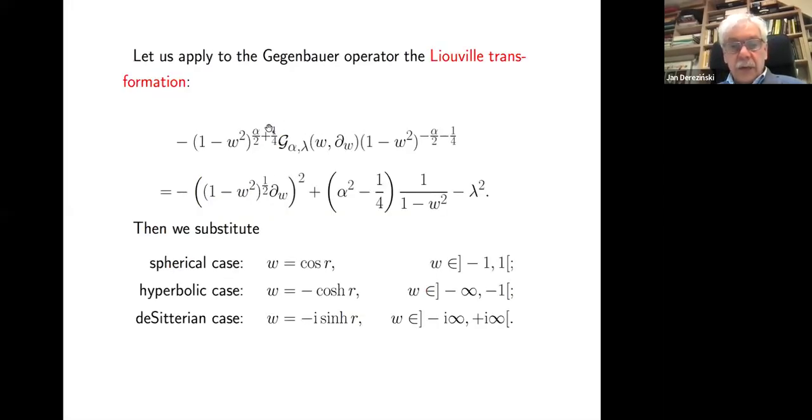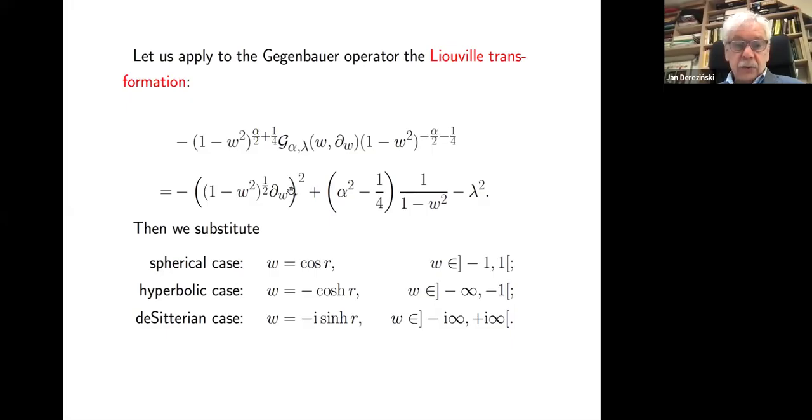So you can put some weights on both sides of the Gegenbauer operator. And if you do it in a clever way, you can write it as the square of the derivative multiplied by a weight plus a potential. A potential means a function.